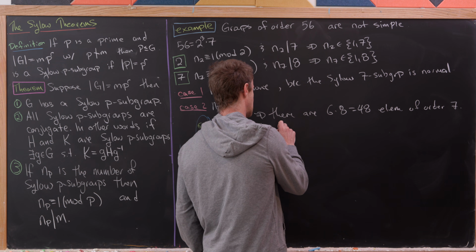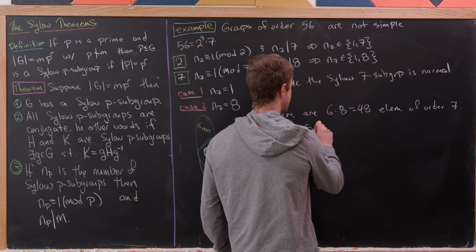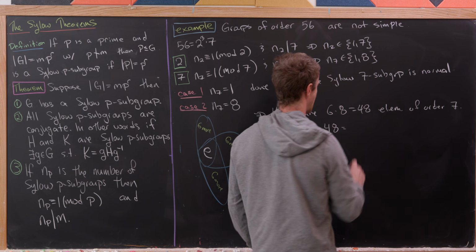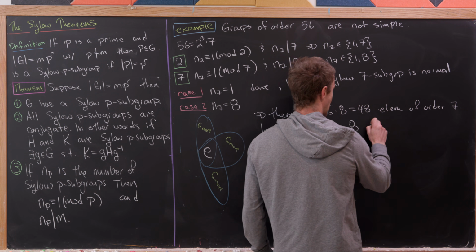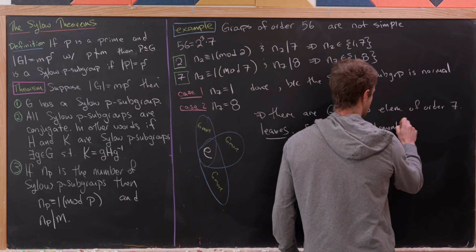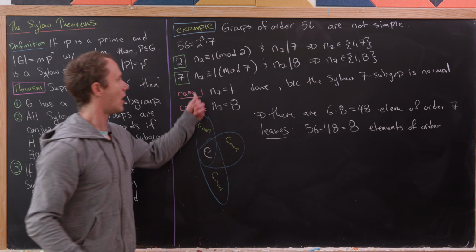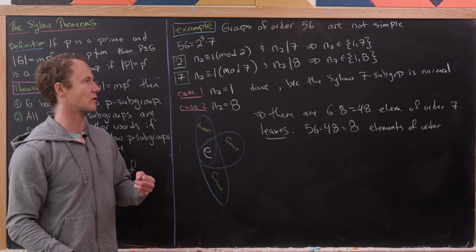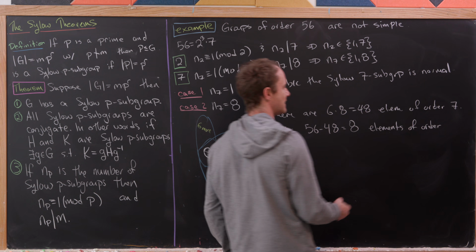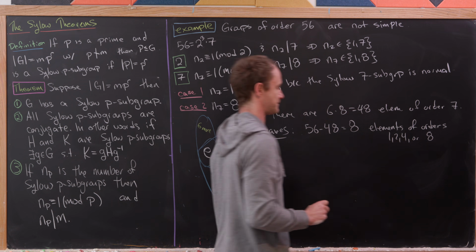That leaves the total number of elements in the group, 56 minus 48, and 56 minus 48 is 8. And these are elements of orders, well, all the other possible orders. But the order of an element must divide the order of the group, and so in the end, these are going to be elements of orders 1, 2, 4, or 8.